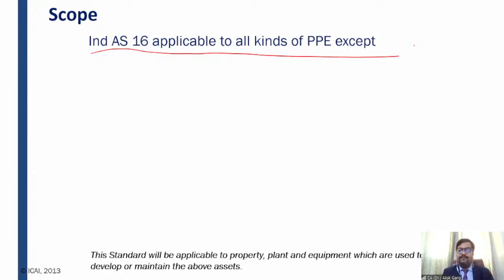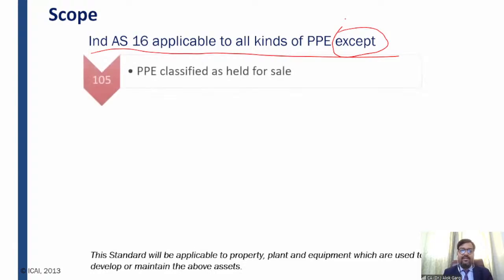Wherever PPE is there, this standard will be applicable, except but a negative list is given. So this standard is applicable to every property, plant and equipment, except what is the negative list? Property, plant and equipment classified as held for sale, right? So friends, under Ind AS 105, there is a separate standard which talks about PPE which is held for sale.